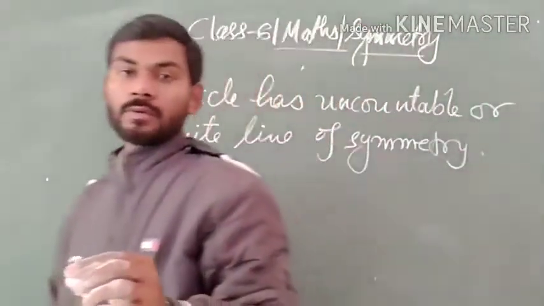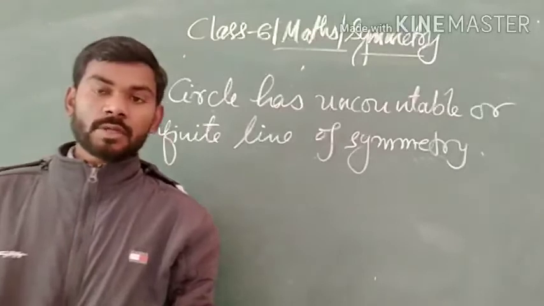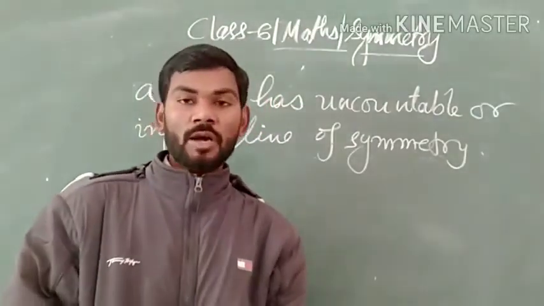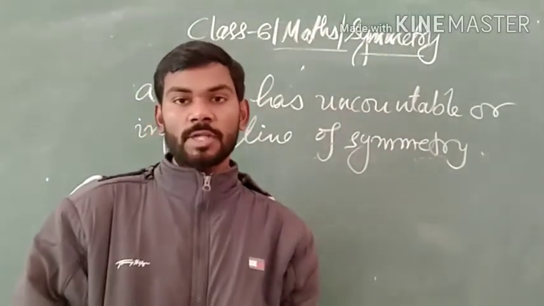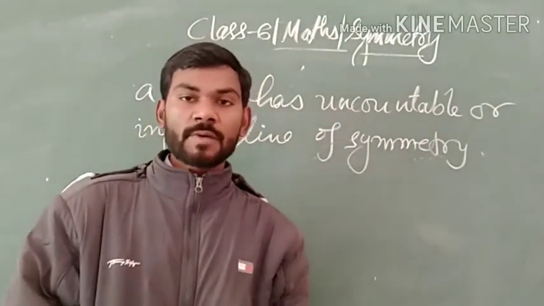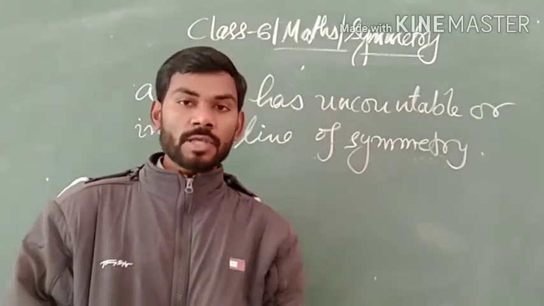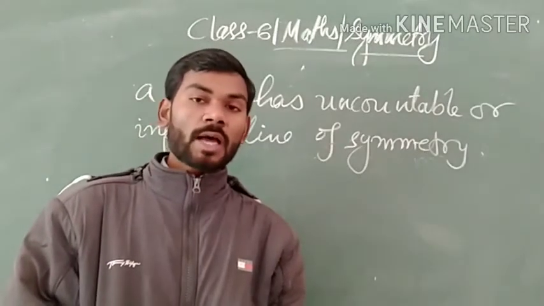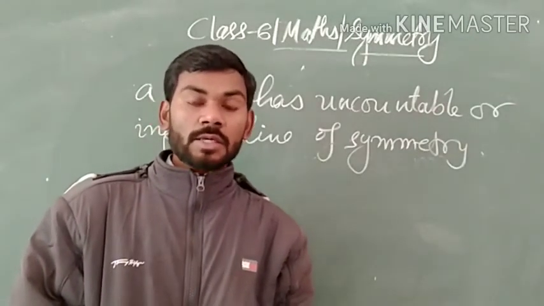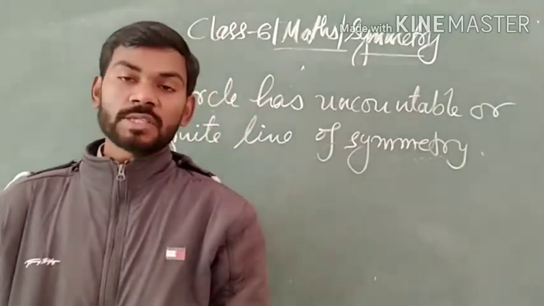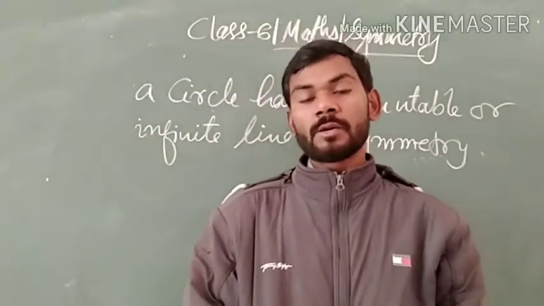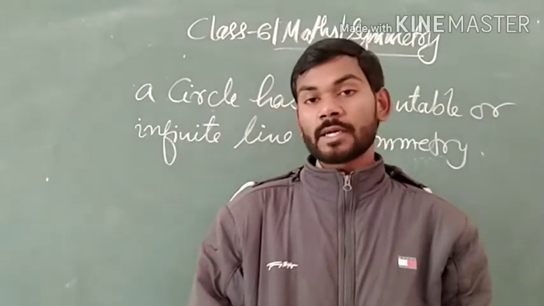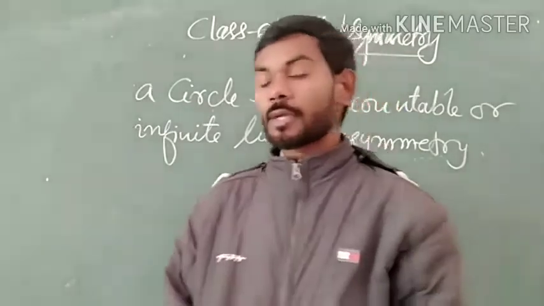We know that a circle has an infinite number of diameters, and a diameter is a line which divides the circle into two identical or equal parts, so all its diameters also act as lines of symmetry. Since the circle has an infinite number of diameters, a circle has an infinite number of lines of symmetry.